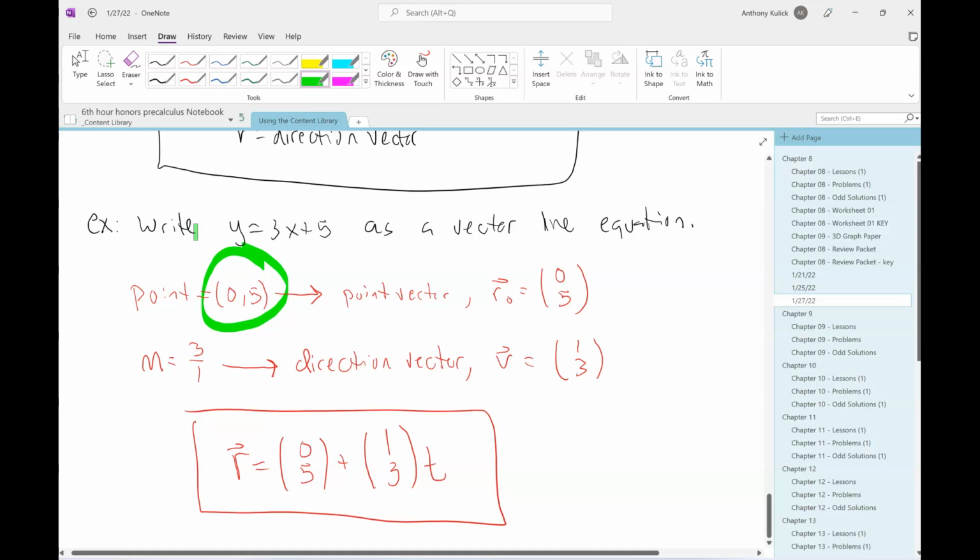And the slope 3 over 1, I could have written as negative 3 over negative 1, or 6 over 2, or 9 over 3, and kept going and going, and there's like an infinite number of ways to represent that slope piece, right? So this is just one possible vector equation for this line. There's infinitely many correct answers to this.